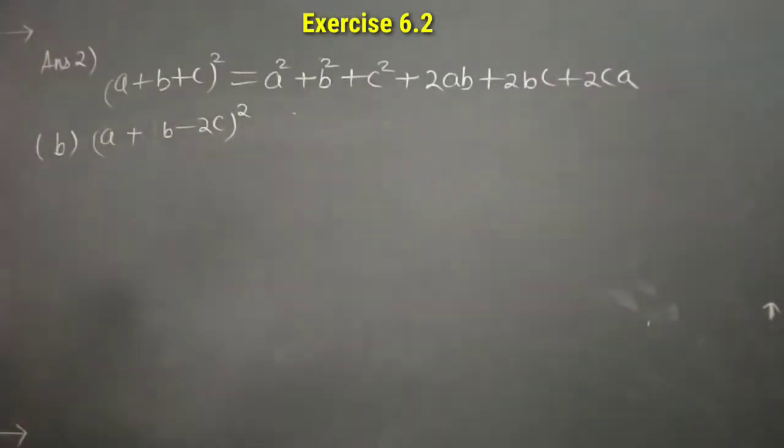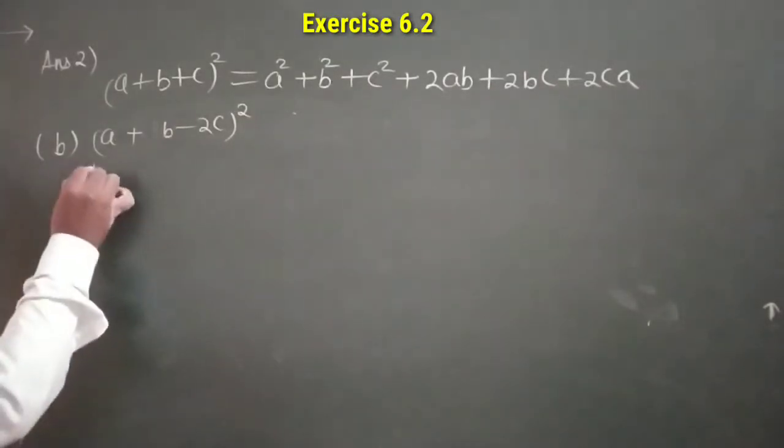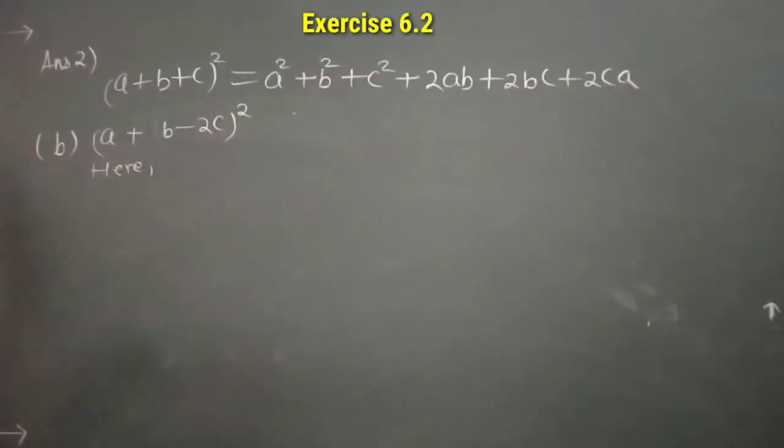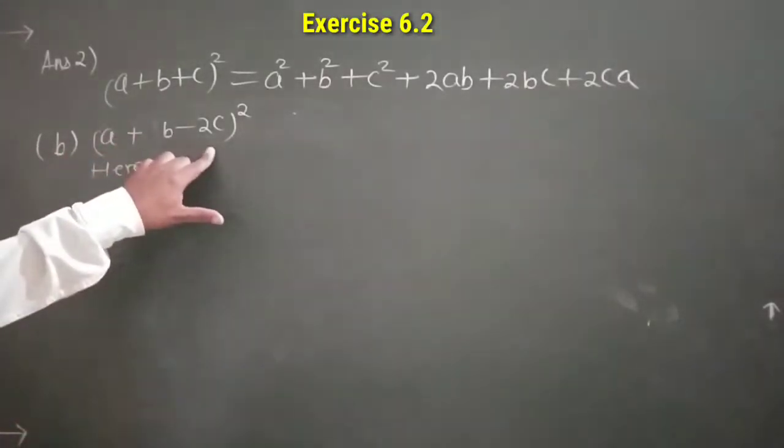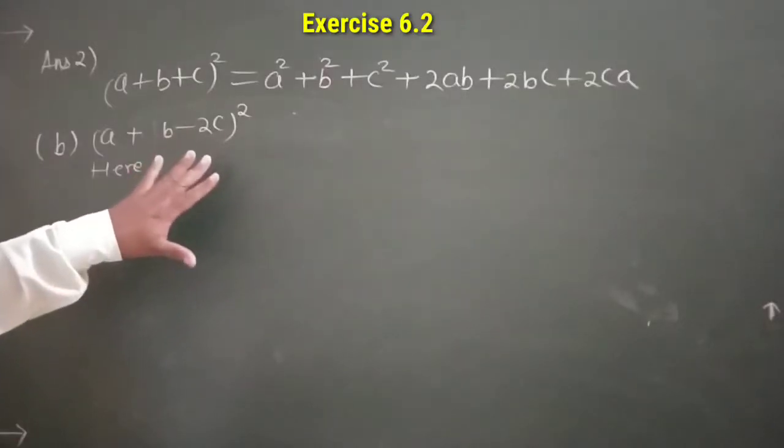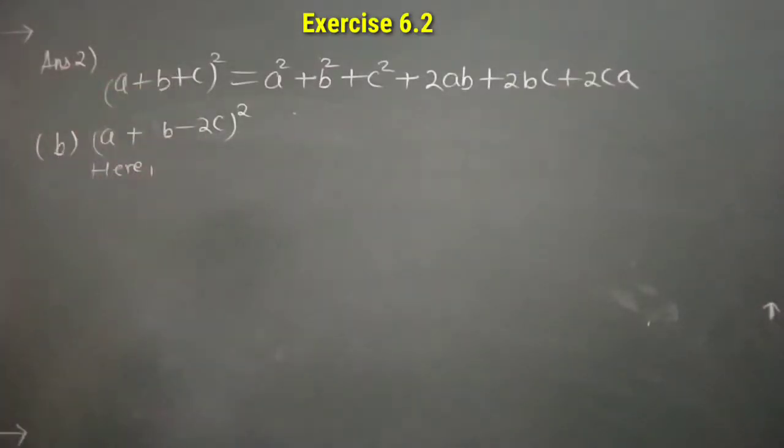Okay, so now see part B. In part B again we have to compare here. See, A, B, C are already used in the question, so we have to change the formula.